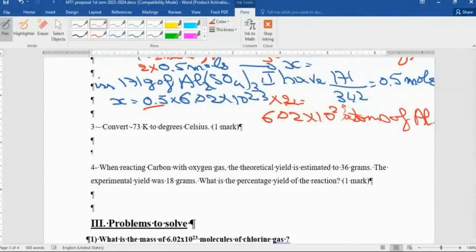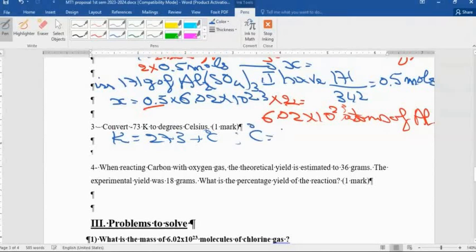The last questions, number 3 and 4, they are a cup of tea with mint, because I will enjoy drinking it. Convert minus 73 Kelvin to degree Celsius. So simple. I know Kelvin equals 273 plus degree Celsius. Means what here?